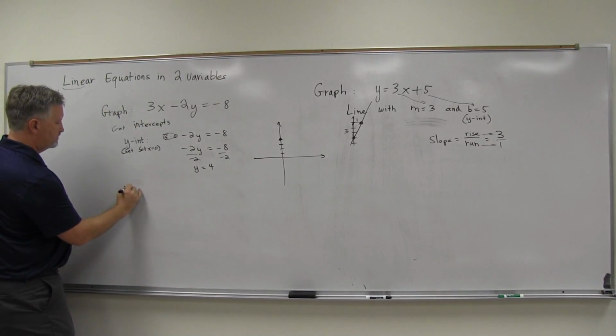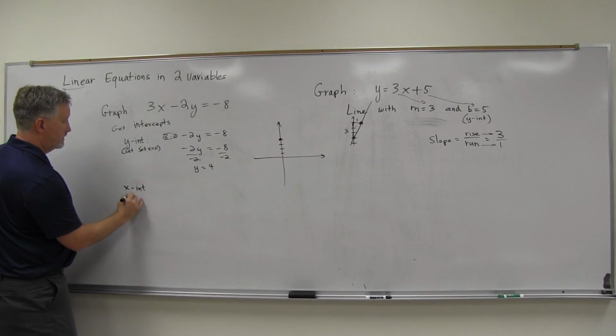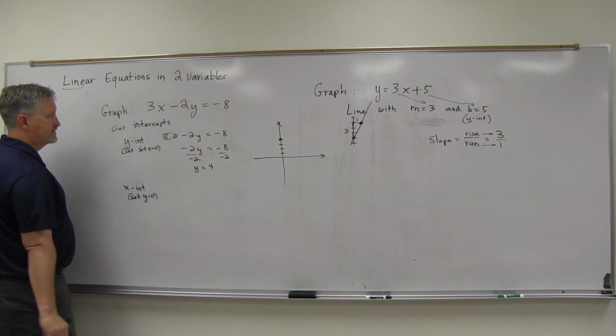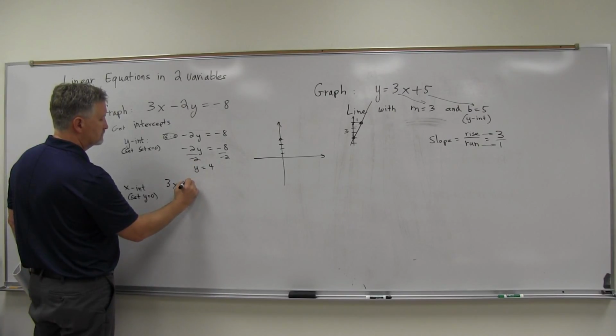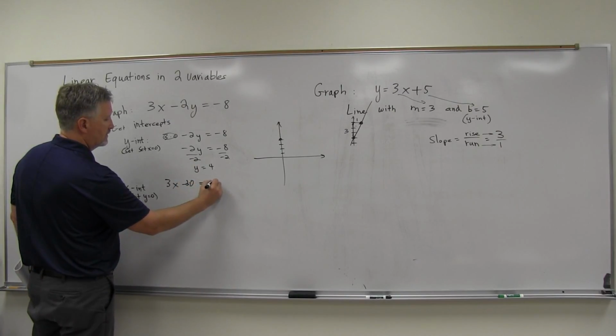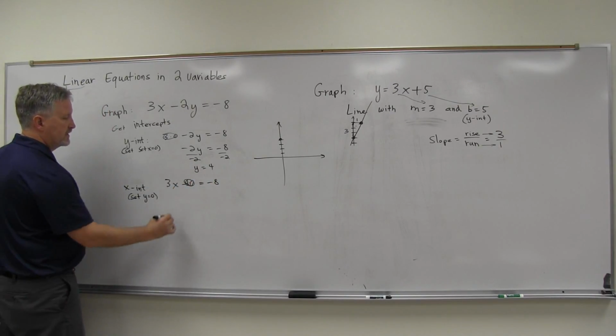Then the x-intercept, similarly, is pretty quick to find. You set y equal to 0 to get the x-intercept. And of course that makes that term 0.